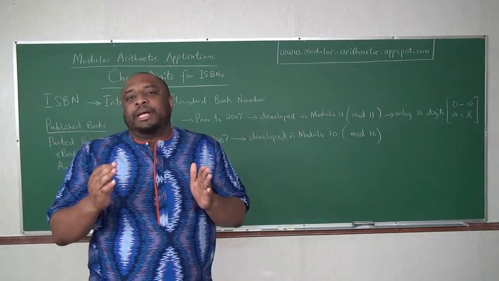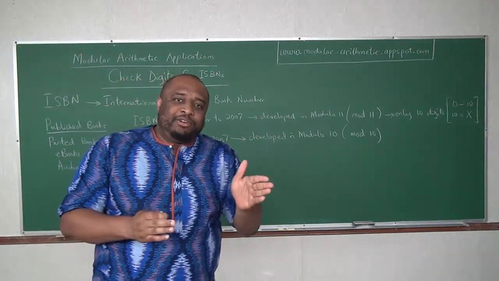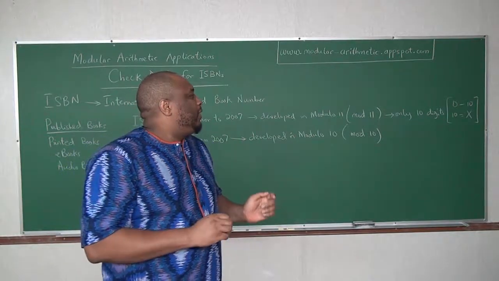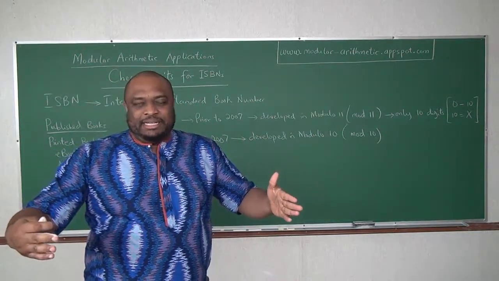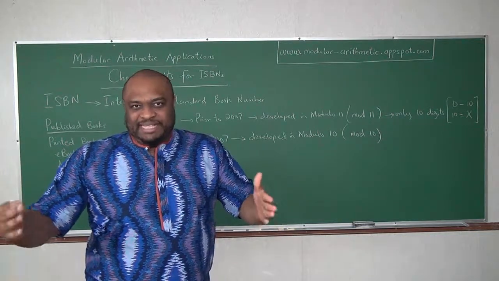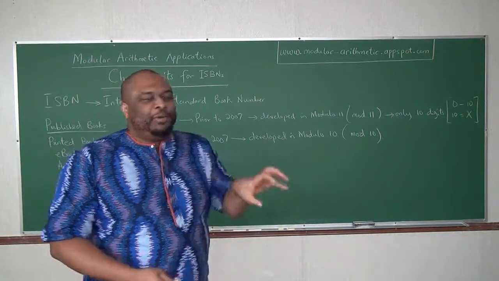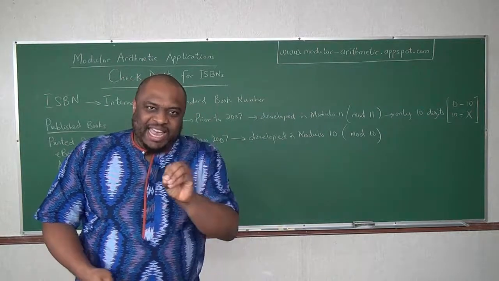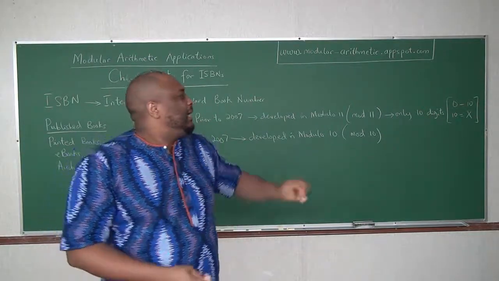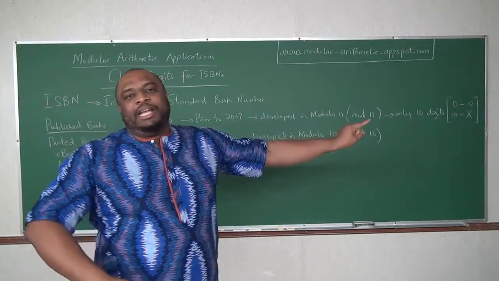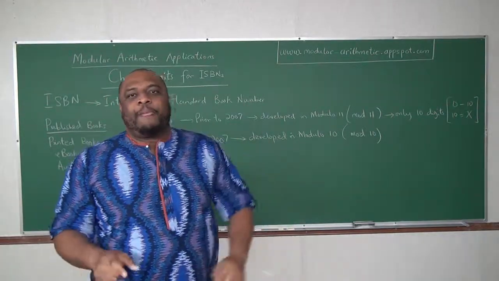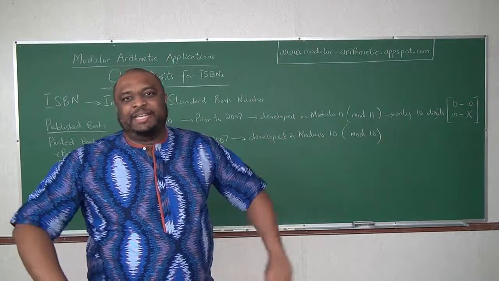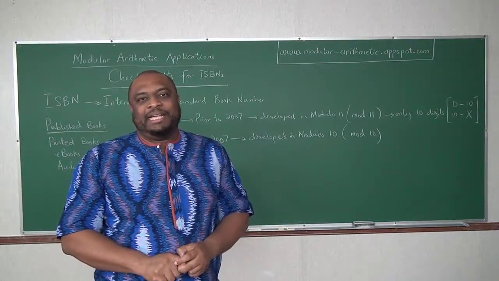So the only numbers allowed are from 0 through 10, but it is only 10 digits in ISBN 10. So you ask yourself, number 10, what will it be? It is X. So in ISBN 10, some of them you might see X. That X means 10.